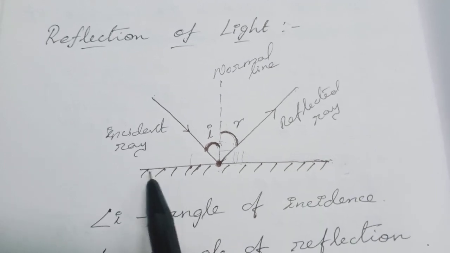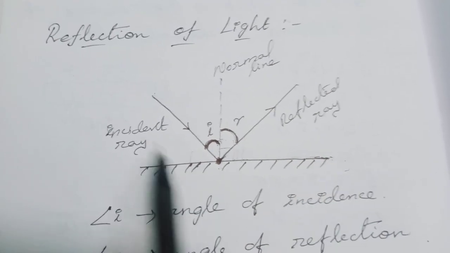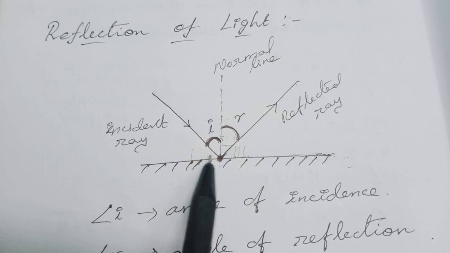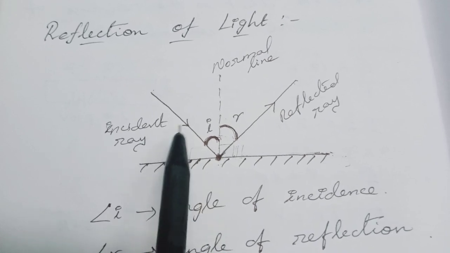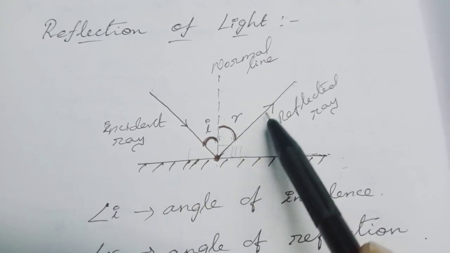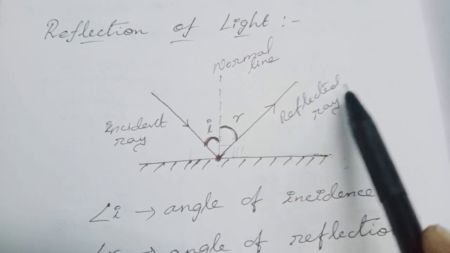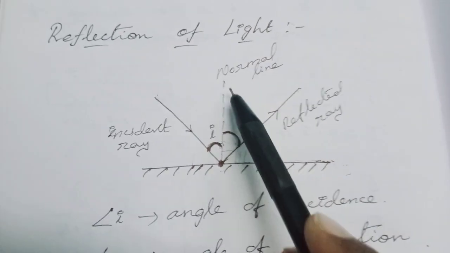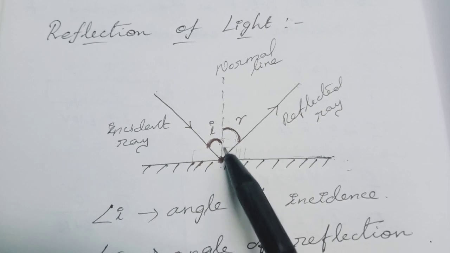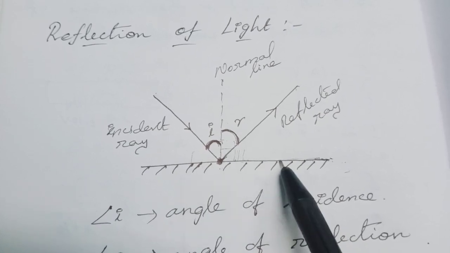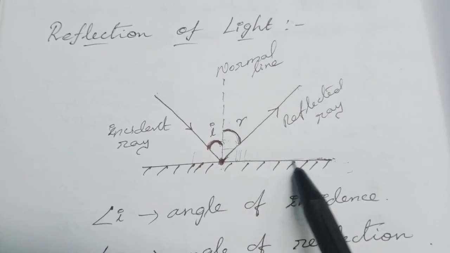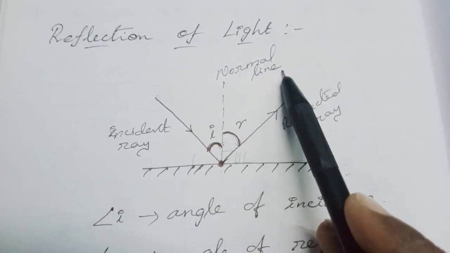So first, to be clear about this diagram, children: this is the plane mirror. The ray which is incident on the surface is called the incident ray. The ray which is reflected back to the same medium is called the reflected ray. And the perpendicular line drawn to the surface is called the normal line.